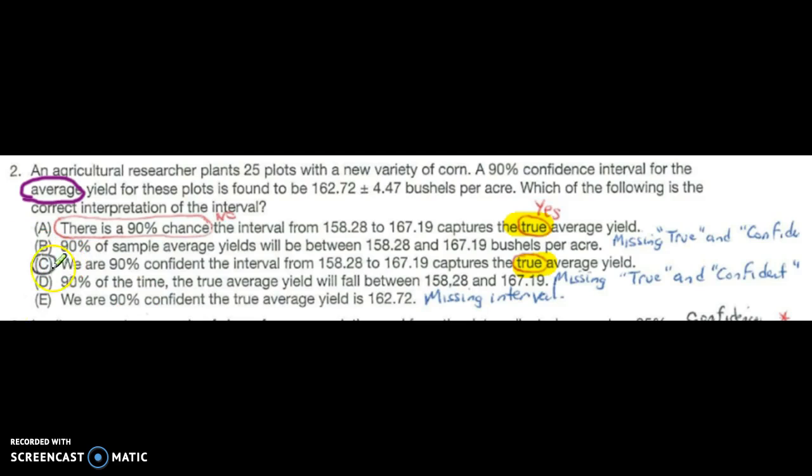A and C are the only ones that have the word true in it. That means B is incorrect, D is incorrect, E is incorrect. So answer C is the correct answer because remember you were supposed to memorize that we are 90% confident, and then put the rest of it in context of the problem.